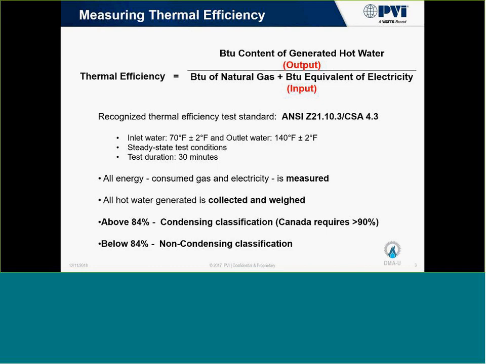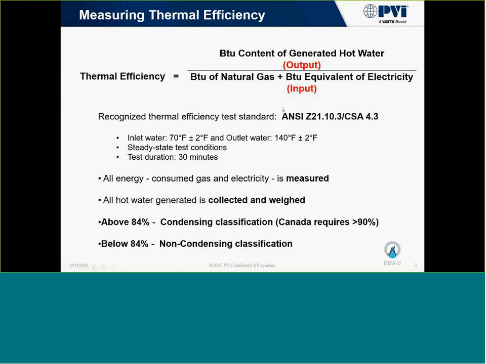The test itself is the same no matter what type of heater it is, or boiler for that matter, whether it's 70 degrees coming in and you cannot deviate by plus or minus 2 degrees on a 140 outlet. The test duration is 30 minutes, and afterwards is where they get all that information, and that's how they come up with the thermal efficiency.